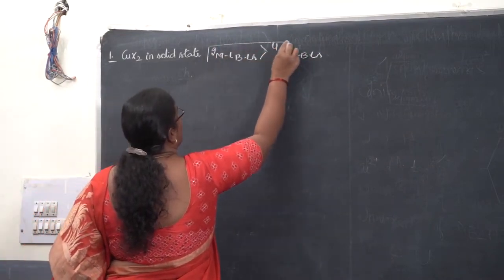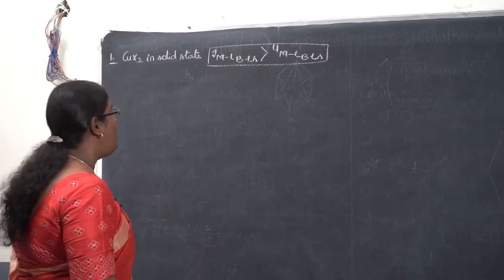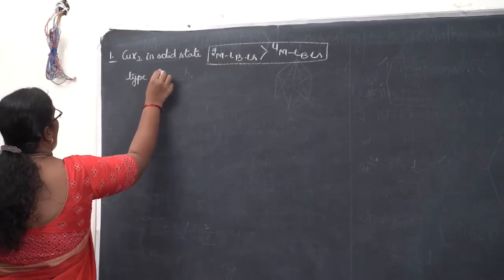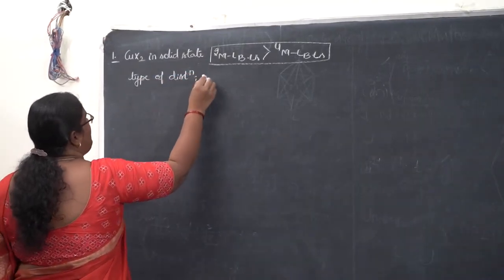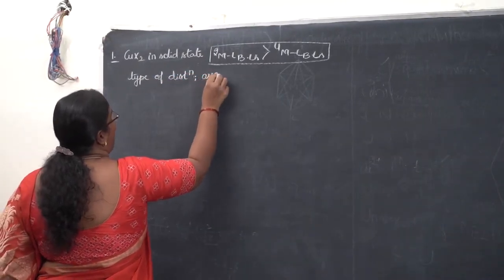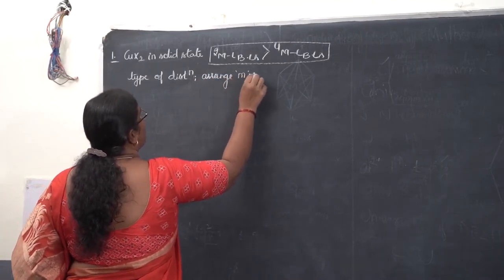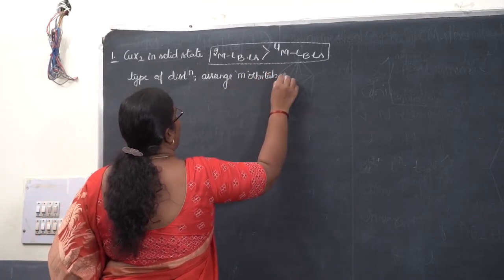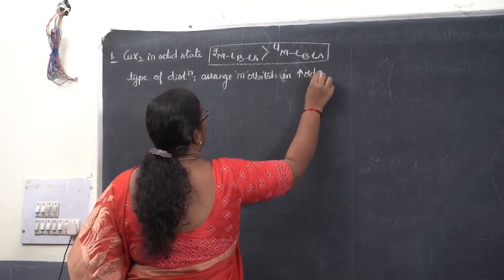So in this, what is the type of distortion? You have to identify the type of distortion. Second, arrange metal orbitals in increasing order of energies. Metal orbitals in the increasing order of energies.